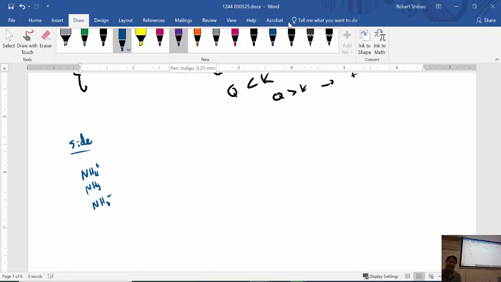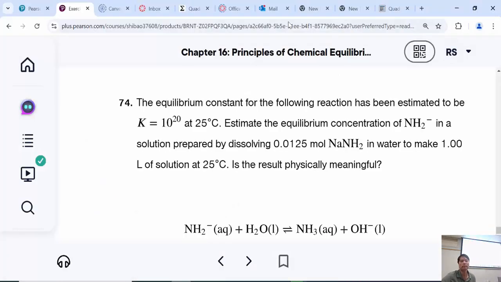But for redox, it doesn't make any difference because that formal charge doesn't change the oxidation state of nitrogen. But we know that amide is a strong base.